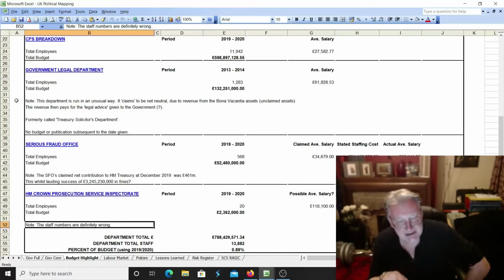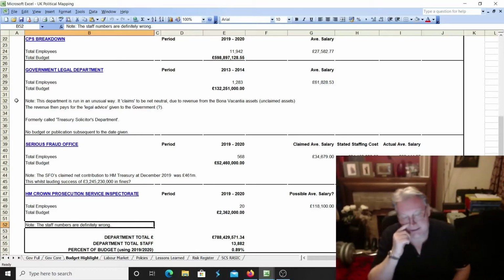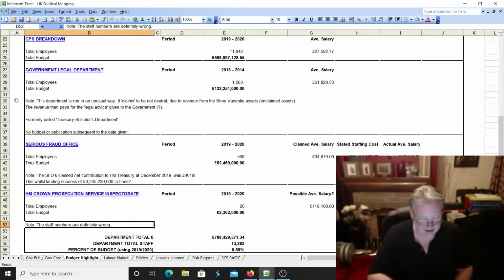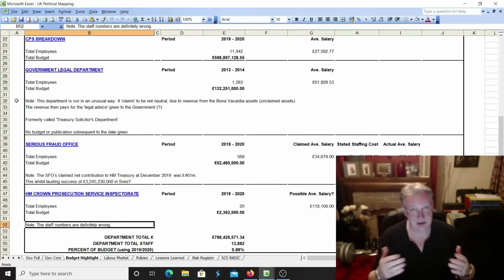Now, within the government legal department, there's something called the bona vacantia. Obviously, there's some Latin thrown in there, because this is something that goes back probably a good few hundred years. What that is based on is this particular department having oversight and receiving revenue from the assets that are claimed from people who have deceased and where there are no known or identified relatives.